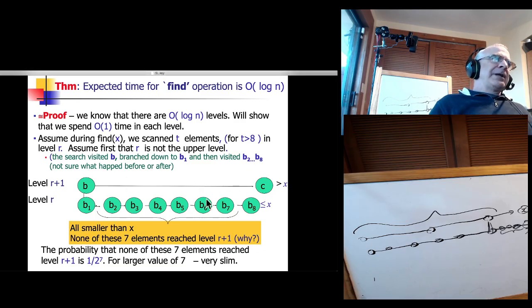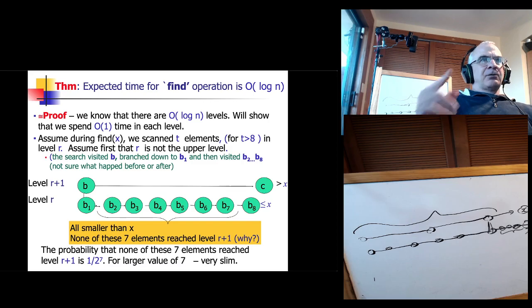So the chance of seeing it is quite small, 1 over 2 to the 7. The chance of seeing a run of 10 elements will therefore be 1 over 2 to the 10th, and so on. That's the argument for why the probability of spending a lot of time in the same level goes down exponentially the larger the run that I have in mind.